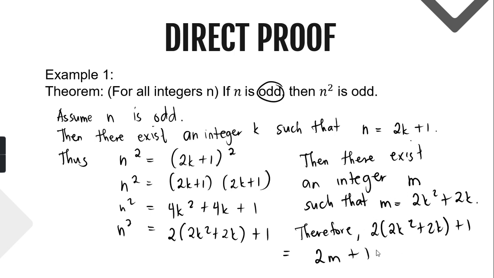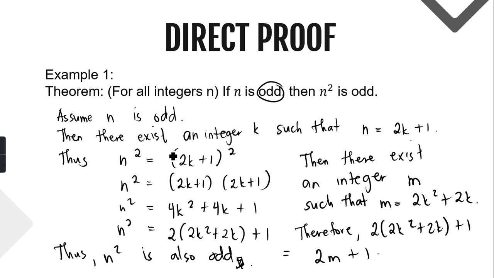With m as our integer, so therefore, ibig sabihin or thus, n squared is also odd. Tapos ang ating proof. Okay?